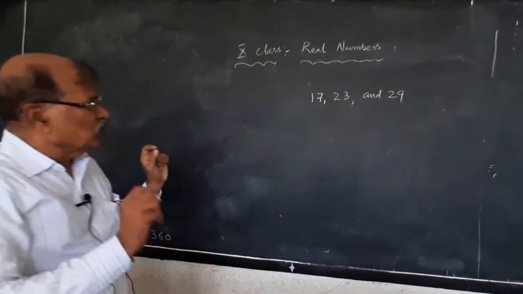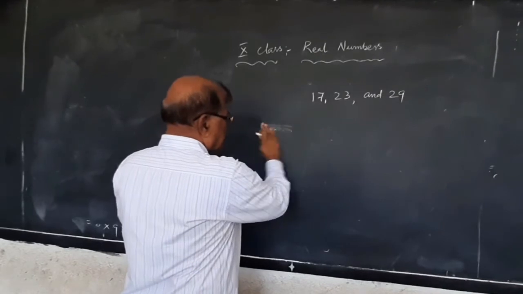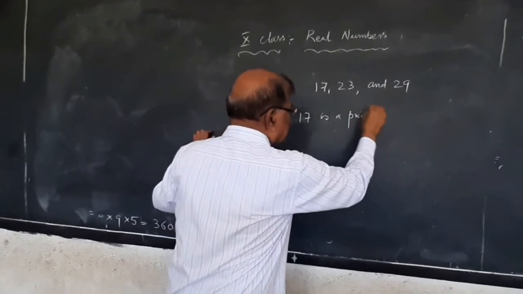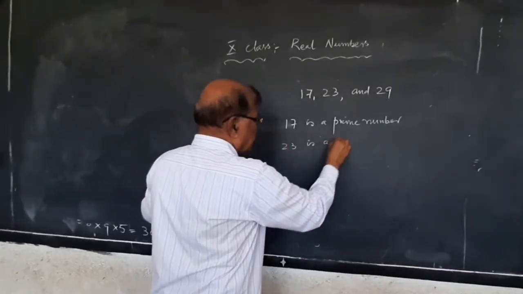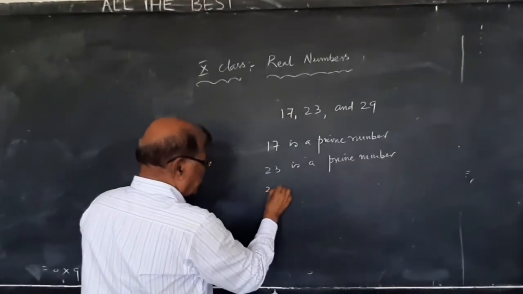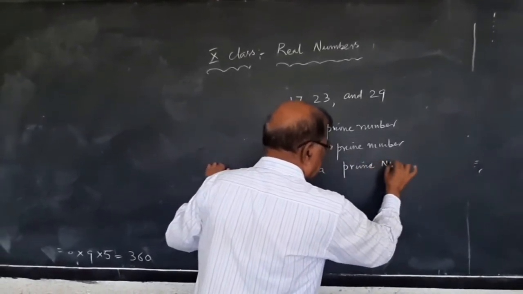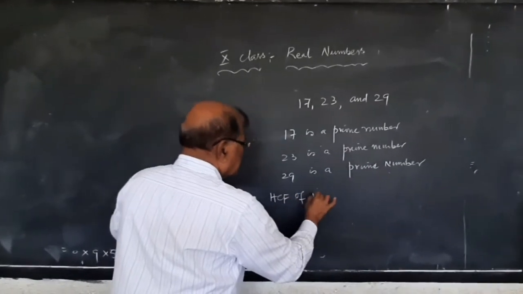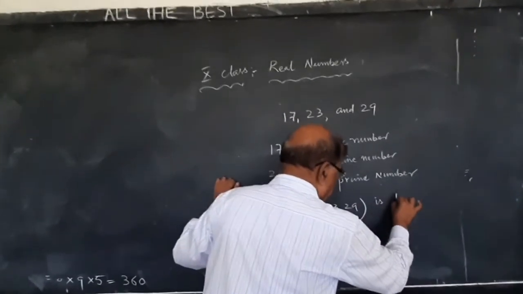The prime numbers do not have factors, so we can easily say the HCF of 17, 23, 29 is 1.